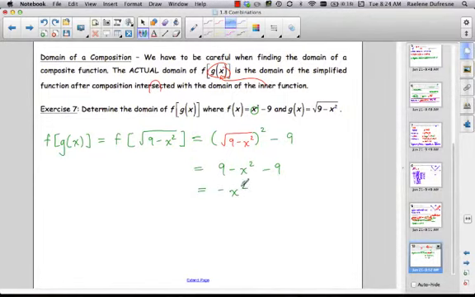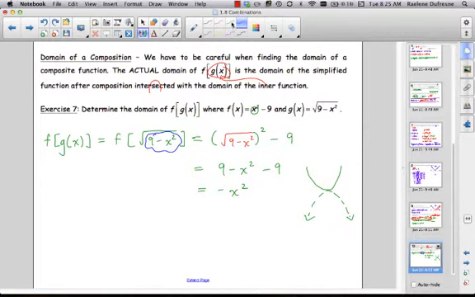What is the domain of negative x squared? Well, thinking of the graph of a parabola, we have a vertical reflection on that graph, but the domain is all reals. We also have to consider the domain of the inner function. So let's do this in two pieces.